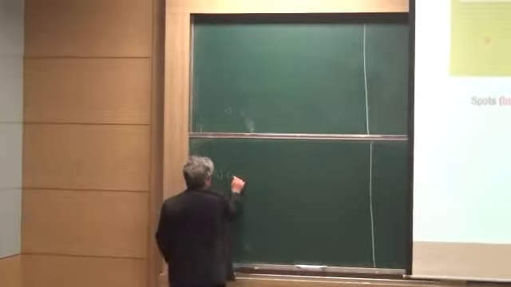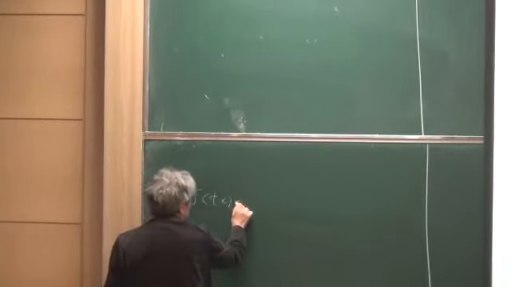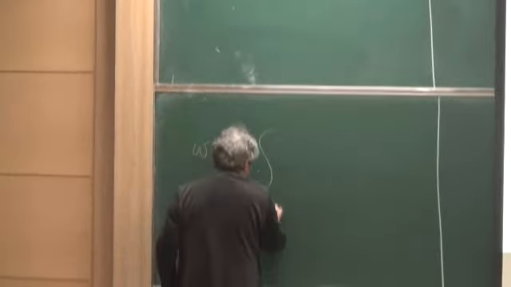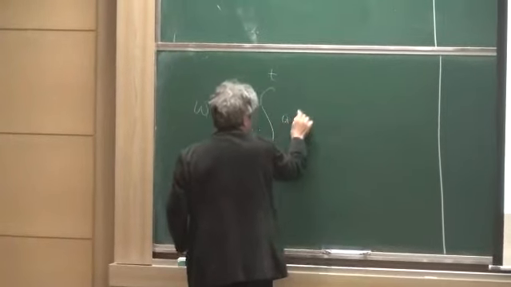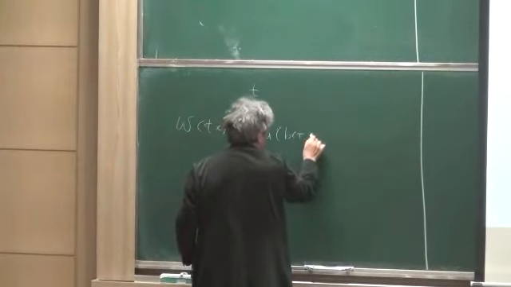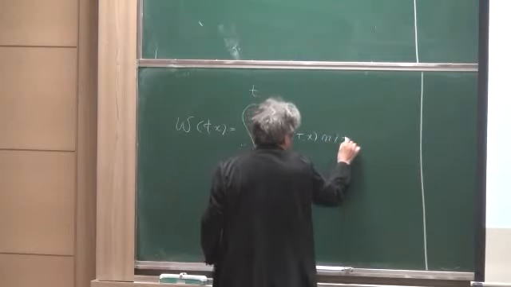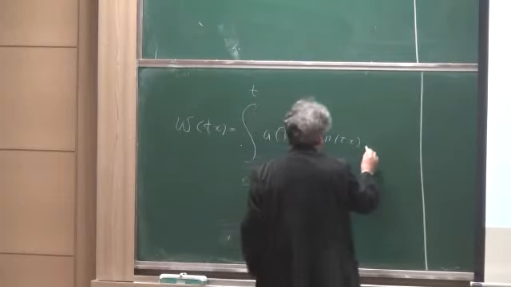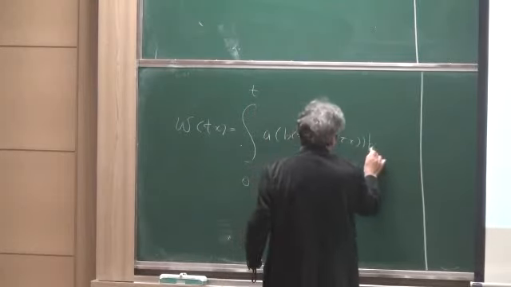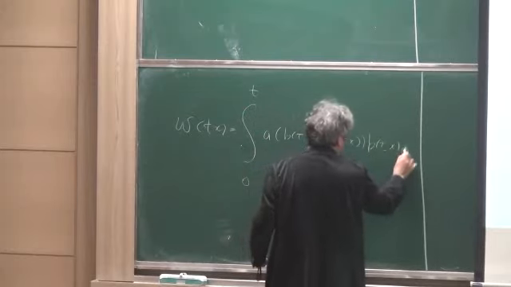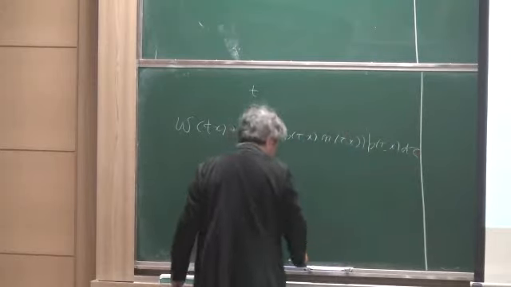And W at t, x is given by the integral from 0 to t of a, b(tau, x), n(tau, x), and b(tau, x) d tau, something like this, okay?